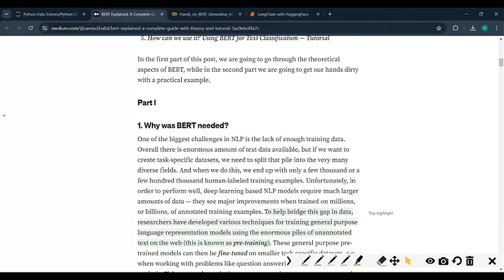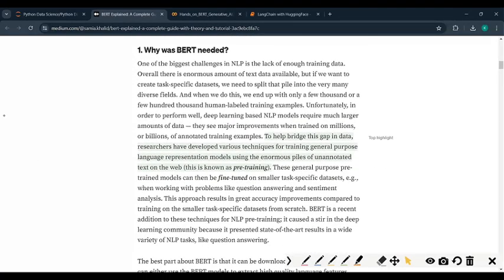Now, why was BERT needed? The main thing we need to understand is why people were searching for BERT when they had transformers, LSTMs, RNNs. Why was there a need for BERT? Let's take a look. One of the biggest challenges in NLP is the lack of enough training data, right?